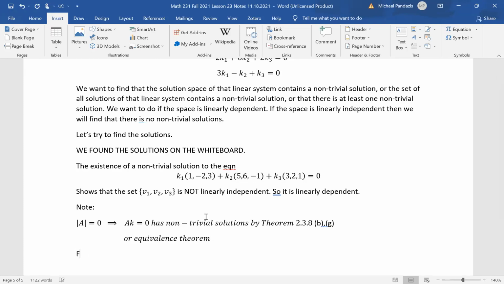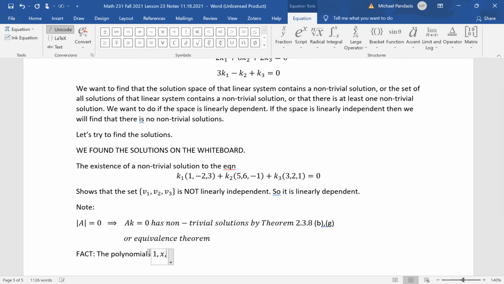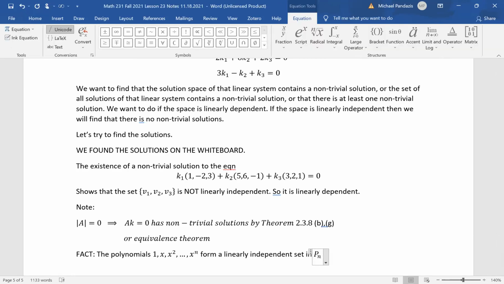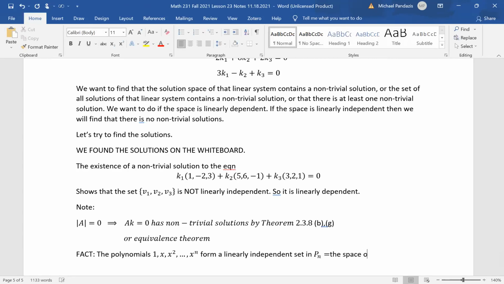Okay, so let's keep going. Fact: the polynomials 1, x, x squared, up to x to the n form a linearly independent set in P sub n, which is the space of polynomials of degree at most n.